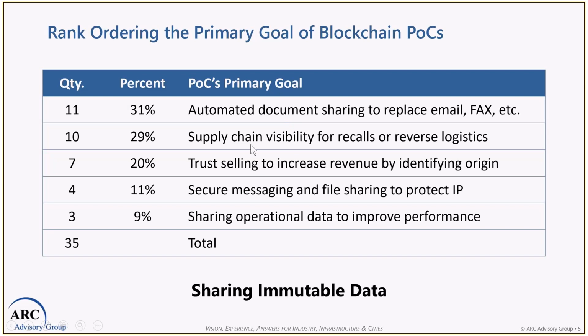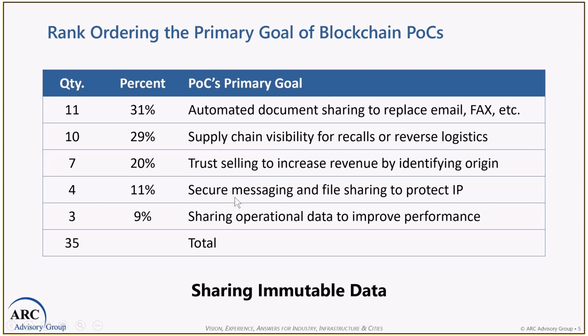Supply chain visibility. This is common in both food and beverage and pharmaceuticals. And I will show a food and beverage example. Trust selling, because you know the source of the goods, they become more valuable, and I'll go over one in the mining industry.